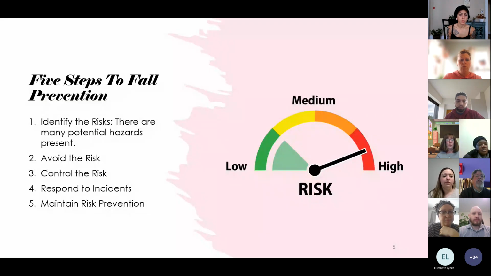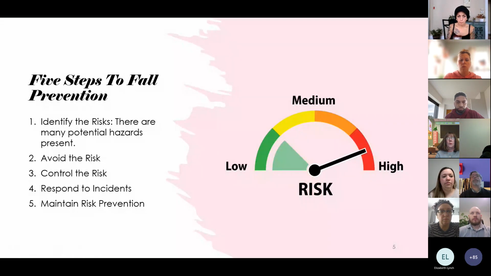So we decided we should take a look at falls and what we can do to prevent them. Here are the basic steps to assessing and coming up with plans to avoid falls. The first step, of course, is to identify the risks. There are many potential hazards present everywhere.